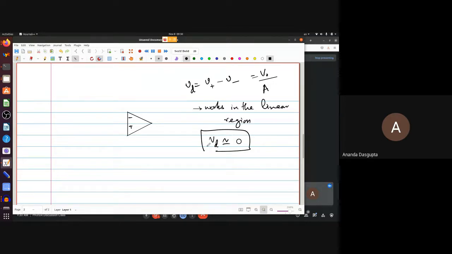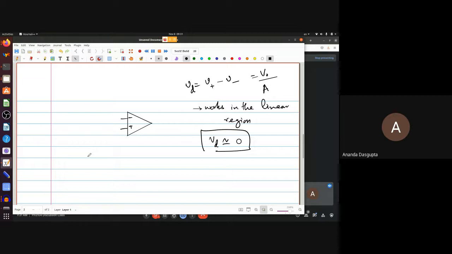Now, how can VD be zero? The first point is VD cannot be zero just by connecting things haphazardly and hoping and praying it's going to be very close to zero. So if you have two independent inputs put in the two ends here, except by a very, very big fluke or very, very careful manipulation, you will never get VD equal to zero.